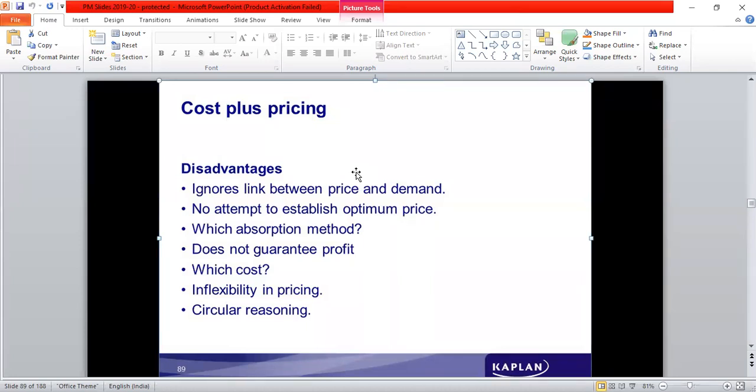The absorption method is also called the total cost method. When the ending inventory is valued, the total cost is taken into consideration and charged to the ending inventory. But the marginal costing method only charges the marginal cost to it. So there is an impact on the total cost which is accounted for in the current period.